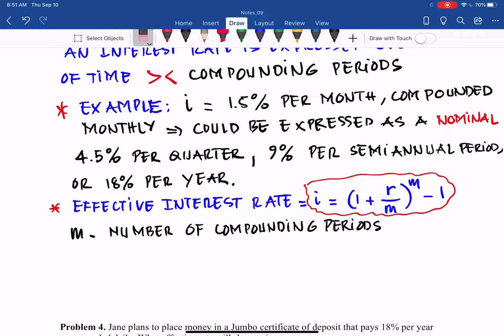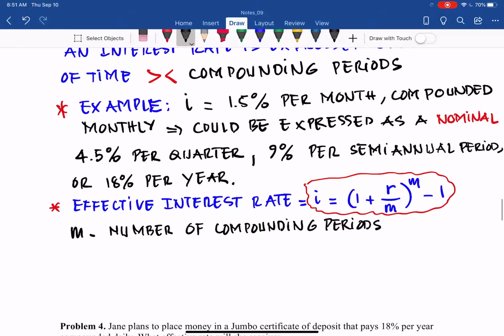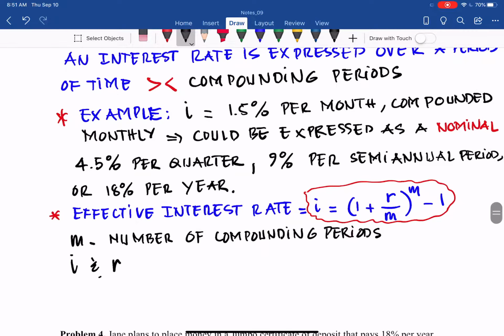For I, R and M, you already know which are effective and nominal, but one note is very important: I and R have to be expressed over the same period of time.